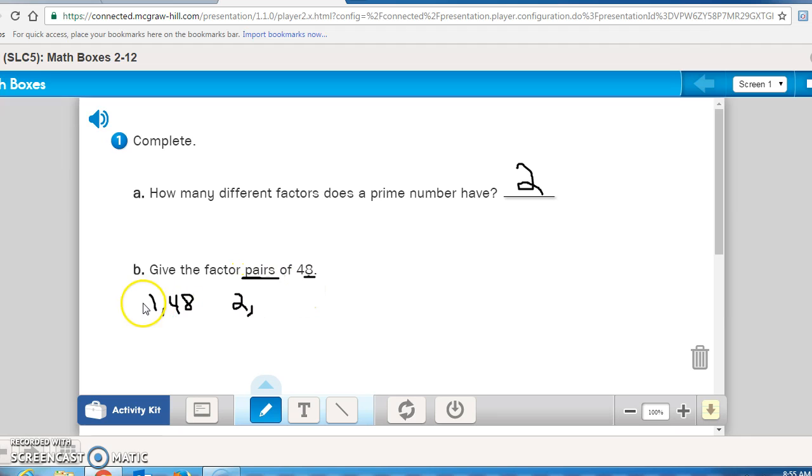What number would I have to write down twice to come up with 48? Well, 2 goes into 4 twice. 2 goes into 8 4 times. That works really slick for looking at the number 2 being a factor pair of a number.